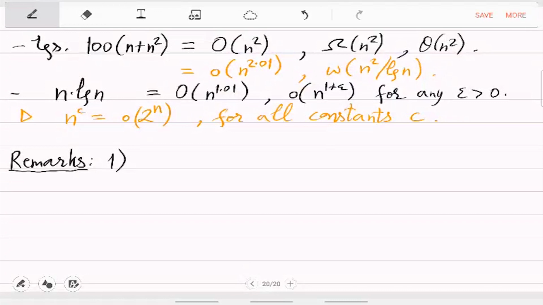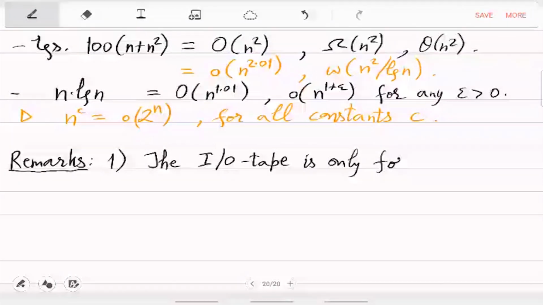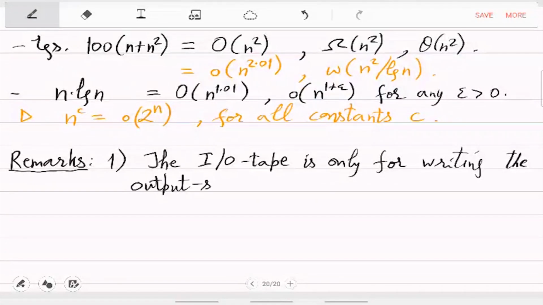So as mentioned before, the input output tape is only for writing the output string. Okay, you are not allowed to do anything else on the I/O tape.